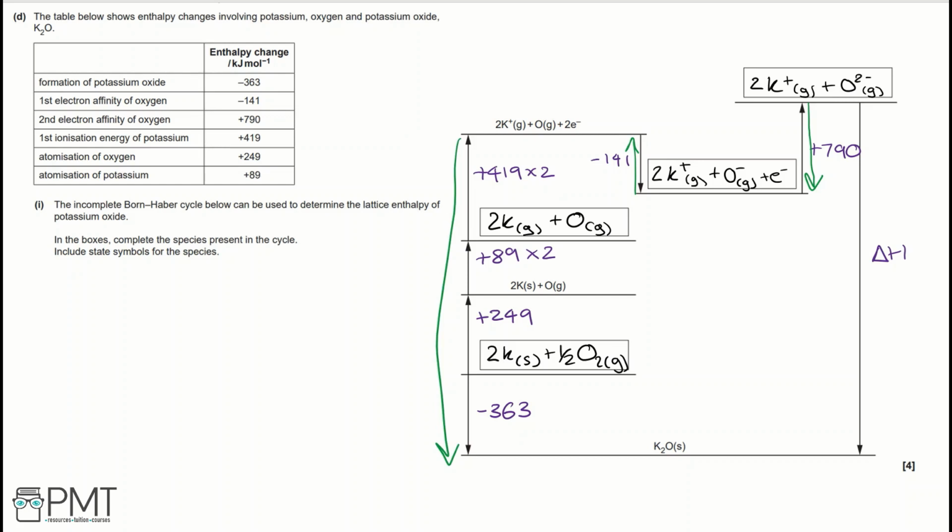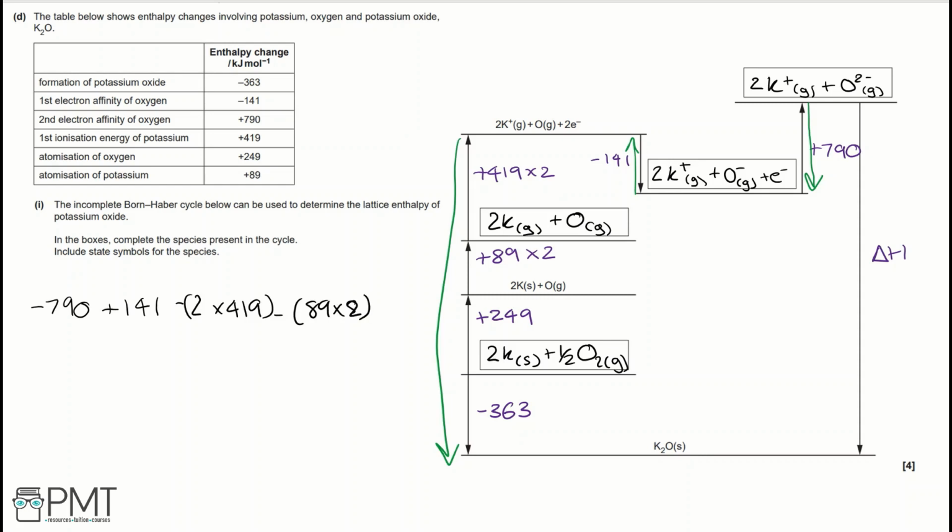So what that would be is minus 790 plus 141. What I'm doing here is, if the arrow is going in the opposite direction, I'm changing the sign. Then we would have minus 2 times 419, then minus 2 times 89.